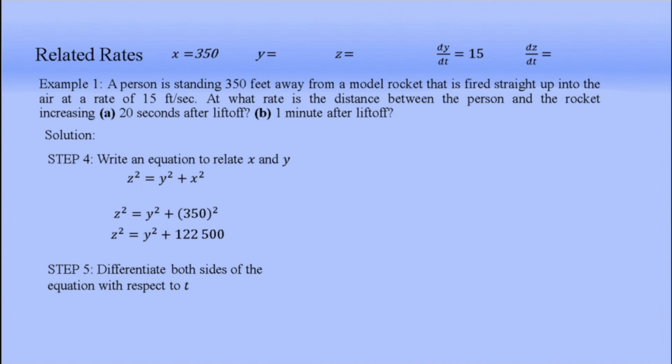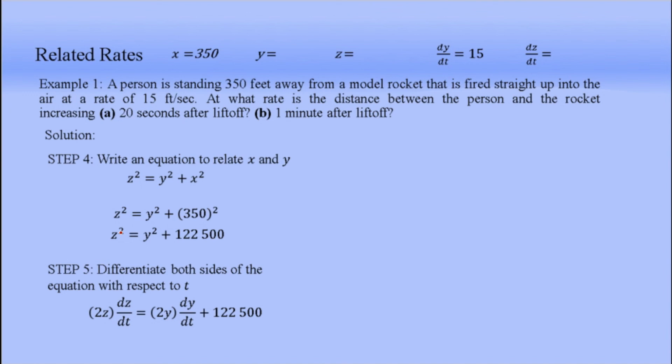Differentiate is to find the derivative. So what is the derivative of z squared?